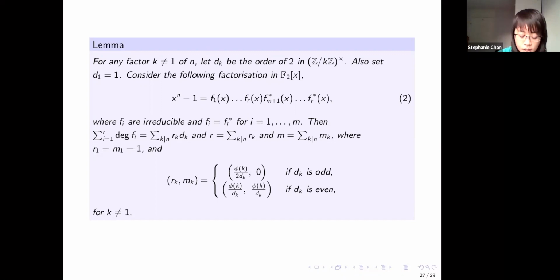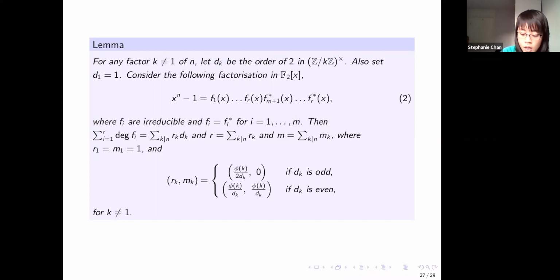The numbers m and r are determined by the order of 2 in the multiplicative group modulo k.